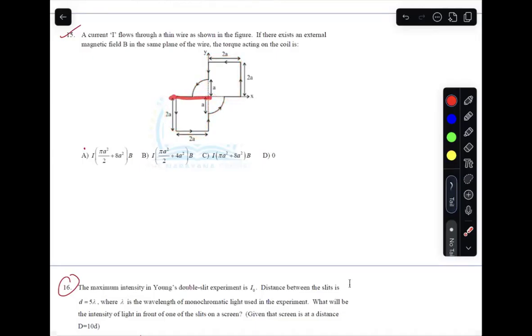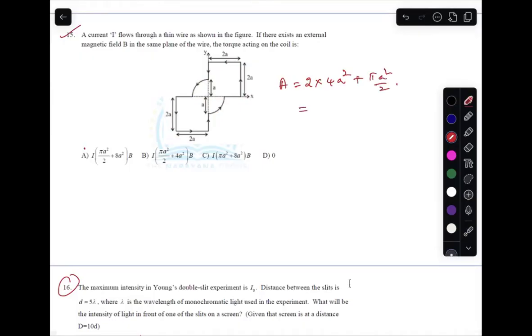I repeat, square, square plus half circle. So therefore, area is 2 times square of side 2a, 4a square, plus half circle. Circle is of radius a, 5a square by 2.